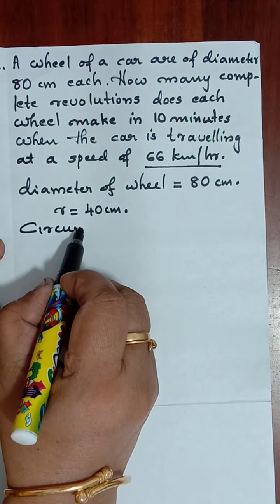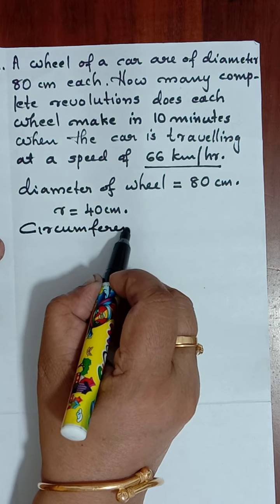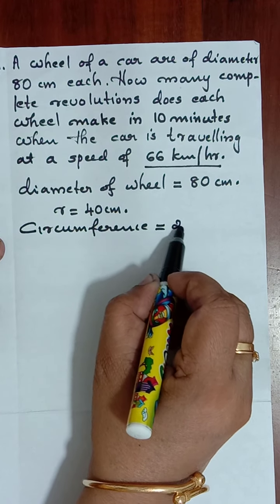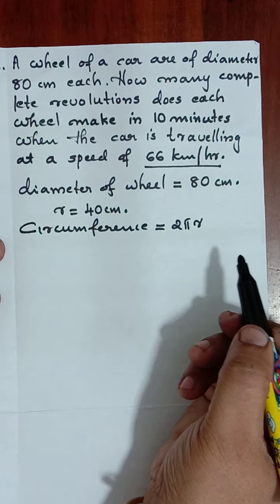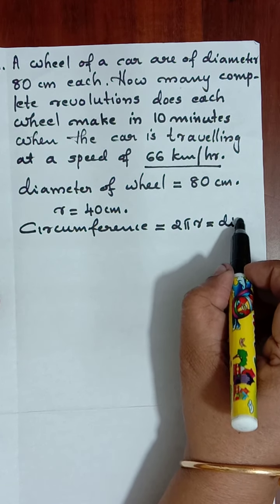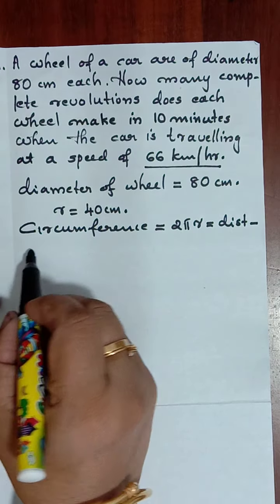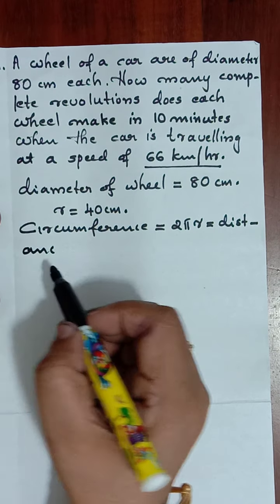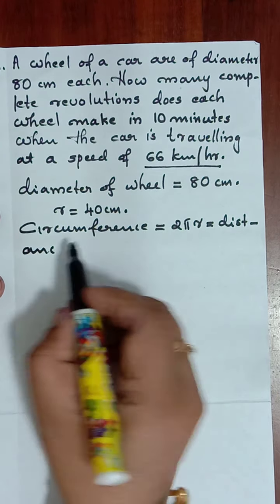So circumference is equal to 2 pi r, that is the same as the distance moved in one revolution, because at each and every point the circle touches the rod.